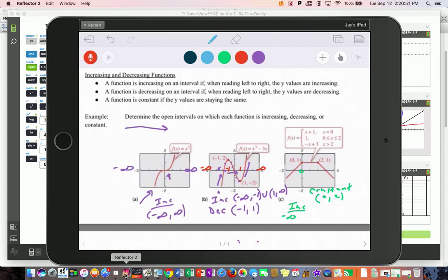We always report the x value, so from negative infinity to 0, what part of the domain is increasing, and then decreasing out here from the 2 all the way out to infinity. You can see that the dots would be going down. So we say 2 to infinity. And also I don't use square brackets on any of these because square brackets means it's included and it can't be both increasing or decreasing. So keep that in mind, only parentheses.